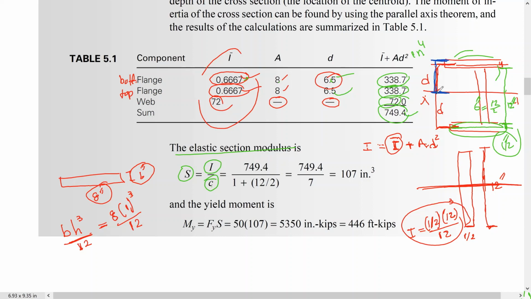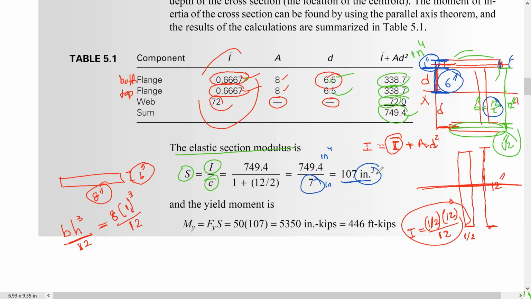So this distance here is 12 dividing by 2, which is 6, and the thickness of this is 1 inch. So 6 plus 1 inch is going to be 7. So here we have S, the elastic section modulus, equal to 107 inch to the power 3, because this is inch to the power 4 dividing by inch, so it is inch to the power 3.